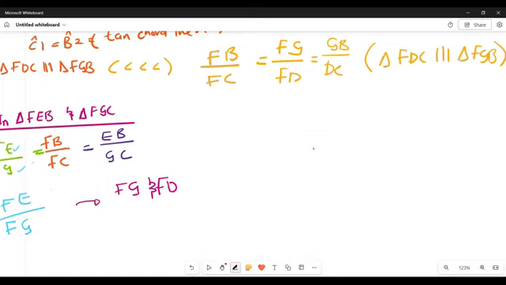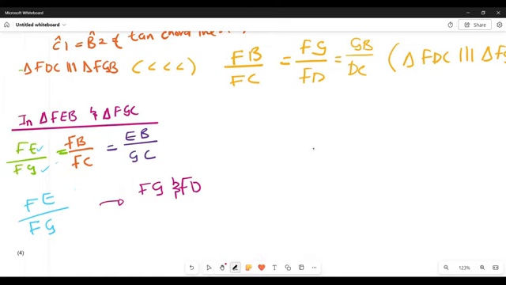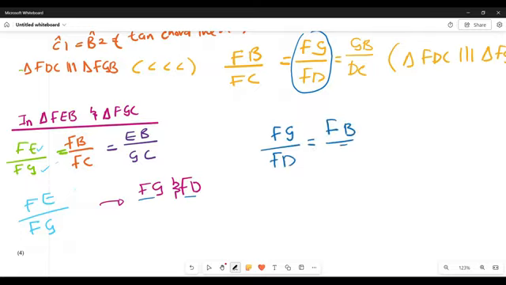Now, remember, I said the ratio that we must choose must have both FG as well as FD. This is the ratio we're going to choose. Our FG over FD is equal to FB over FC, and the same applies to our FE over FG: FE over FG is equal to FB over FC.